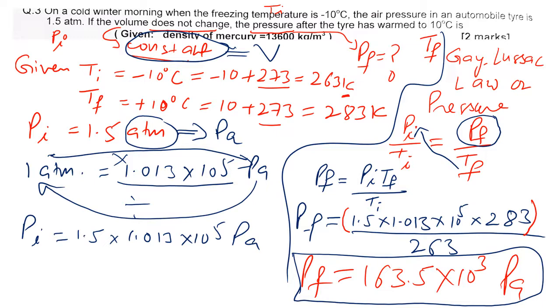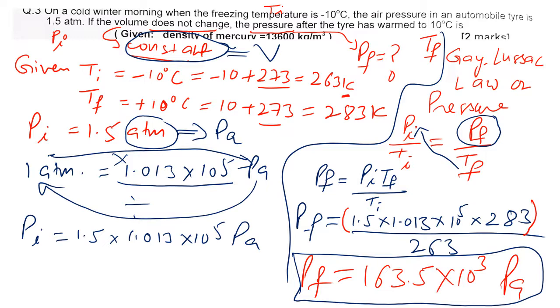You have to change this degree centigrade to the Kelvin. So this is 10 degrees centigrade plus 273. You have to add this number all the time in degree centigrade to change to the Kelvin temperature. So this will come 283 Kelvin. We will use these two values.